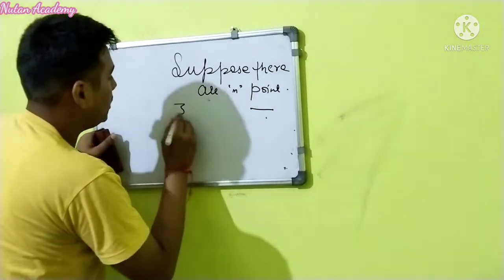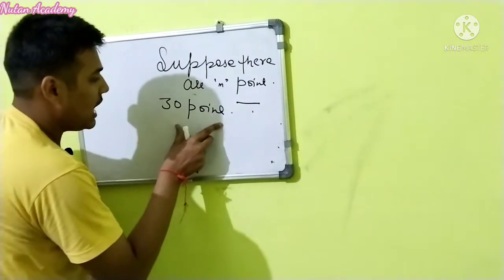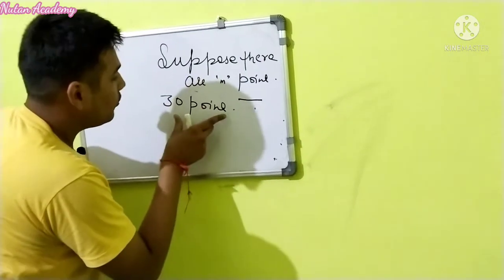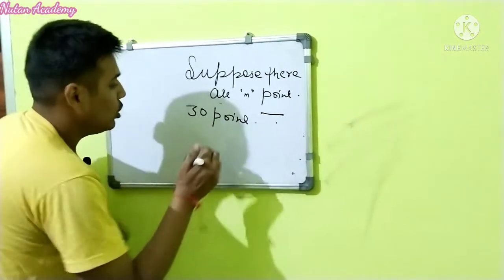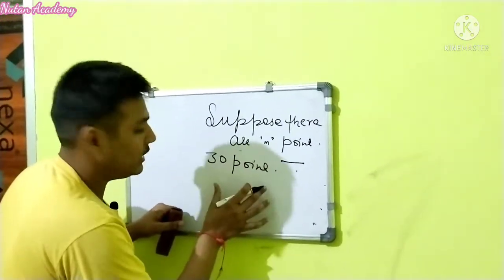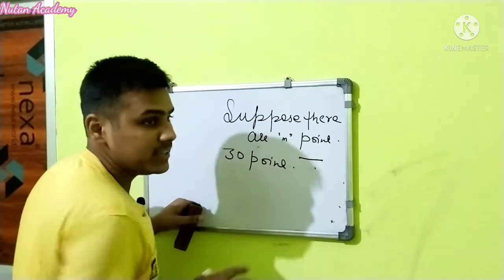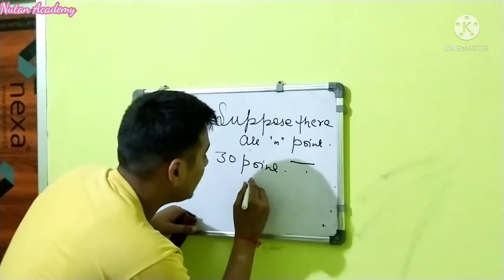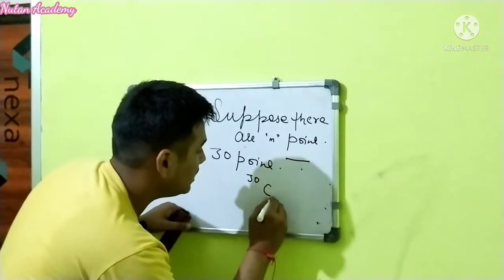If you are given 30 points, I previously told you that for making a straight line we need at least 2 points. That means you will have to select 2 points for making the straight line out of 30. That means for selection we take the combination 30C2.